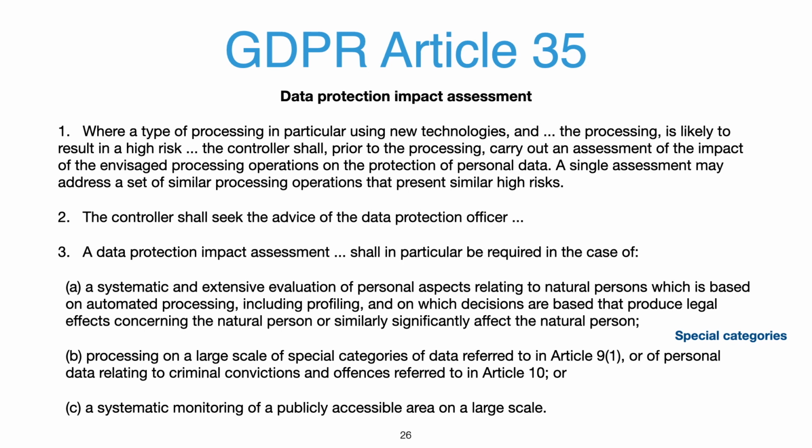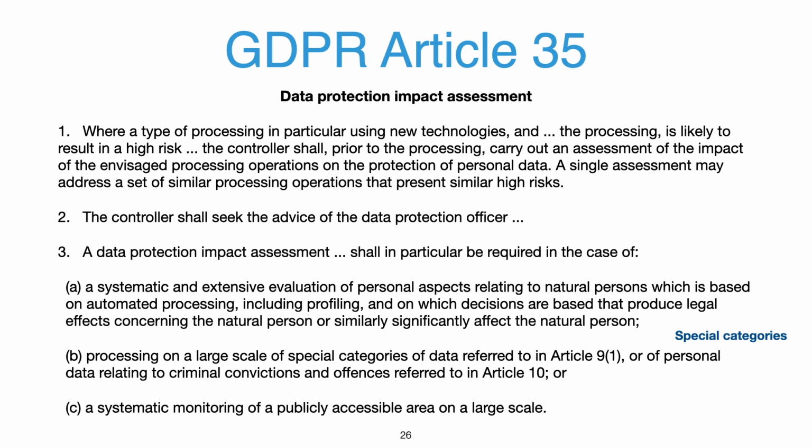A data protection impact assessment is necessarily required in certain scenarios. So you'll need a data protection impact assessment where there's going to be a systematic and extensive evaluation of personal aspects relating to natural persons, which is based on automated processing, and on which decisions are based that produce legal effects or similarly significant effects for the natural person.